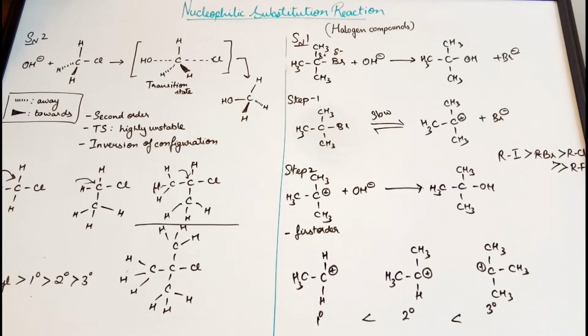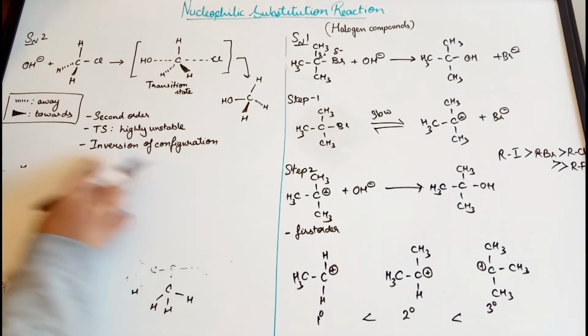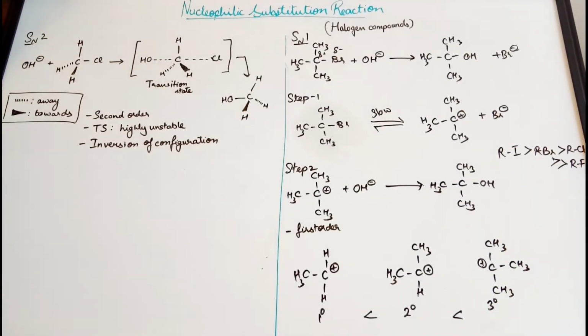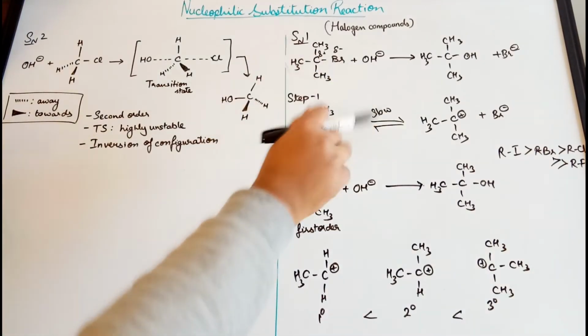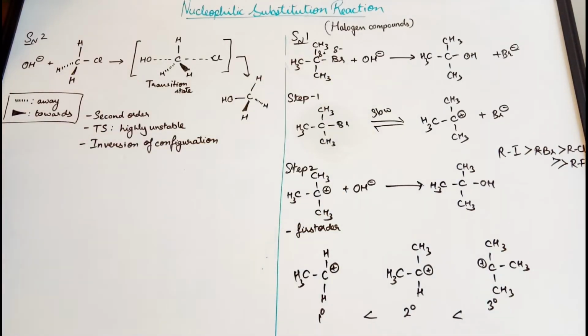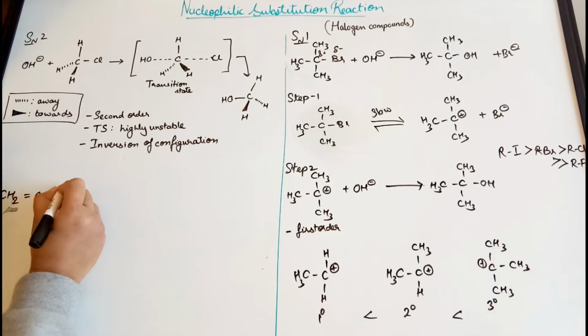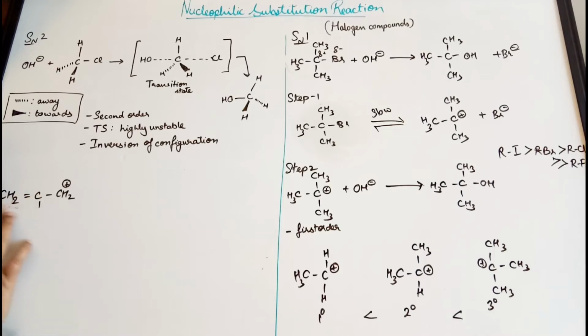Now when we have allylic and benzylic halides, the carbocation formed during the SN1 mechanism is going to get stabilized by resonance. Let's assume you have a CH2=CH-CH2 carbocation, and you have a hydrogen atom here.